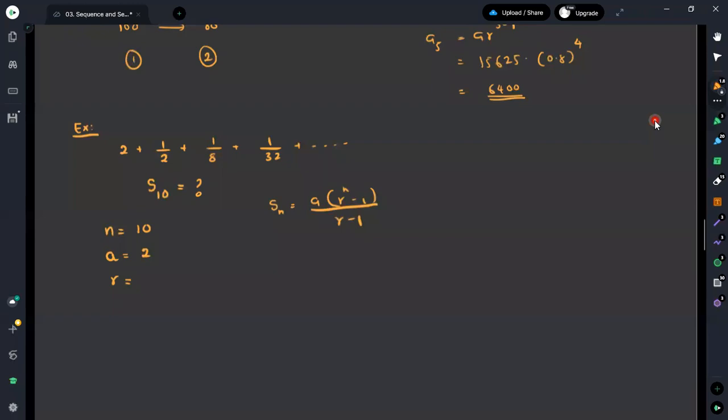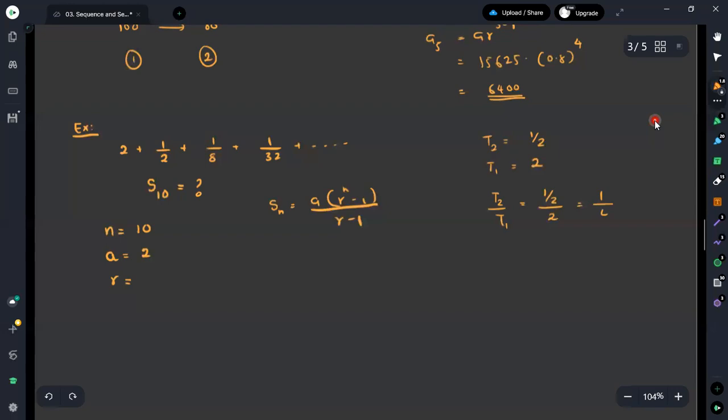Now we have the value for n, the value for a, but still we do not know the value for r. To get the value for r, we can take the ratio between the second and first term. Therefore, we know that T2, the second term, is half, and T1 is equal to 2. If we take the ratio between T2 and T1, it is half divided by 2.